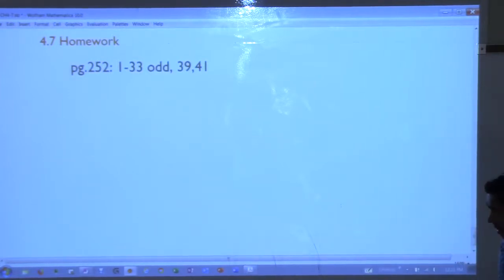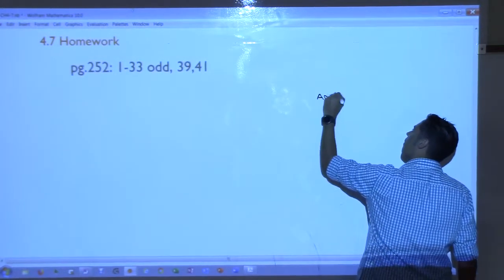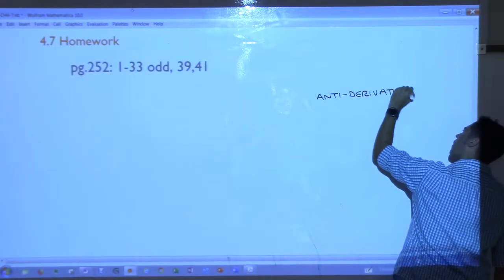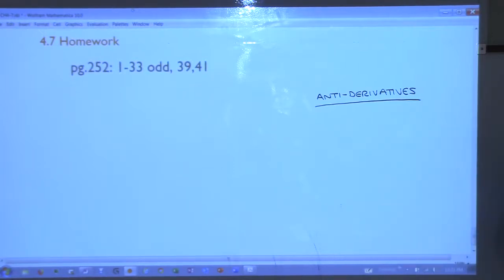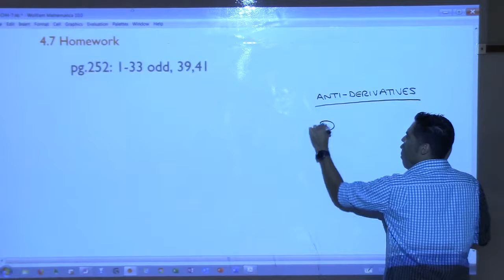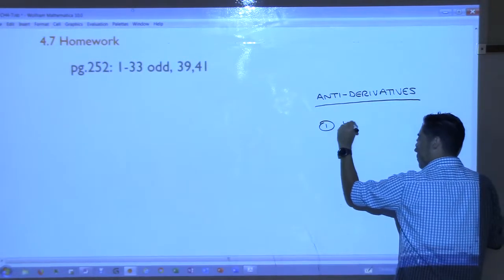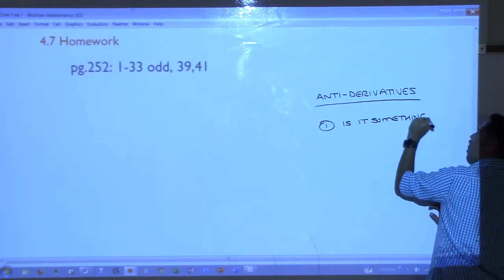All right, so when it comes to antiderivatives, we don't have categories, we just have kind of frames of mind. The first thing that you always want to think about when you're doing an antiderivative is: is this something I know?